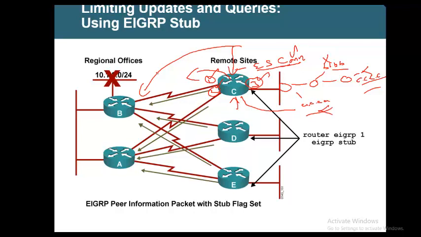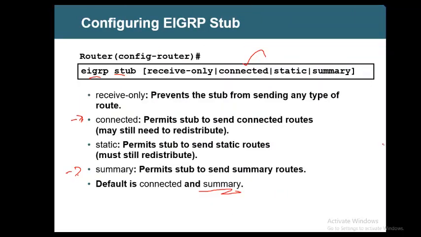By giving this command, router EIGRP 1, EIGRP stub summary, only the summary routes are going to be seen on the hub router, because these folks don't advertise any detailed routes.